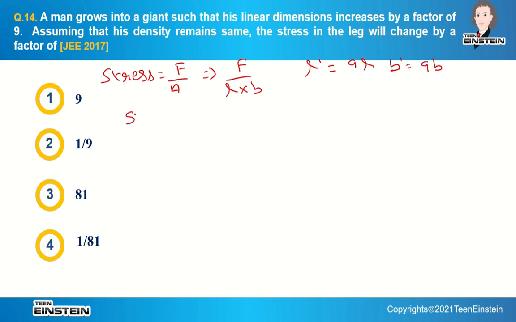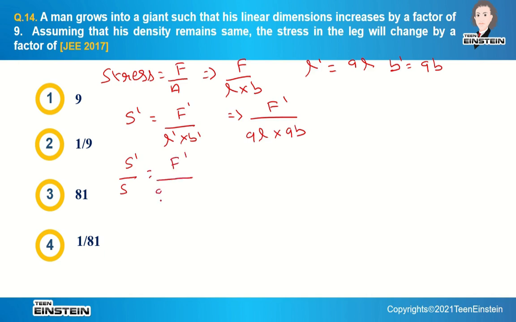So the new stress S dash will become F dash by L dash into B dash, which is equal to F dash by 9L into 9B. Now take the ratio: S dash by S is equal to F dash by 9L into 9B, into L into B by F. So L will get cancelled, and B will get cancelled.